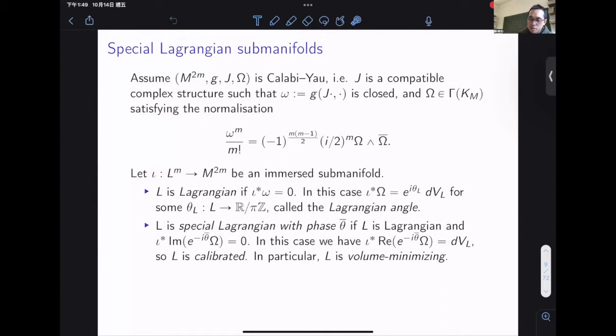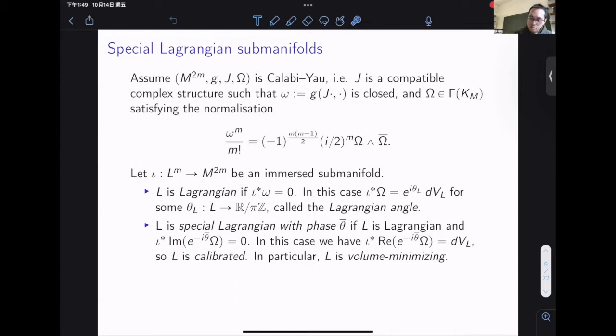If furthermore there exists a constant theta bar such that if we rotate the capital Omega by e to the minus i theta bar, take the imaginary part and pull back to L, you get 0, then L is called a special Lagrangian. So a special Lagrangian submanifold is a Lagrangian submanifold with this additional special condition.